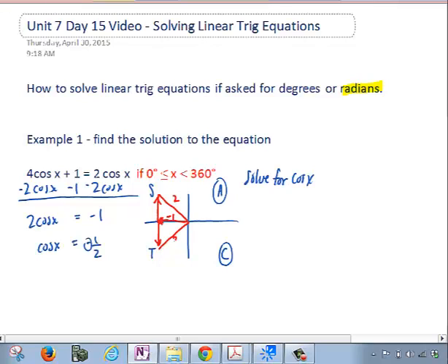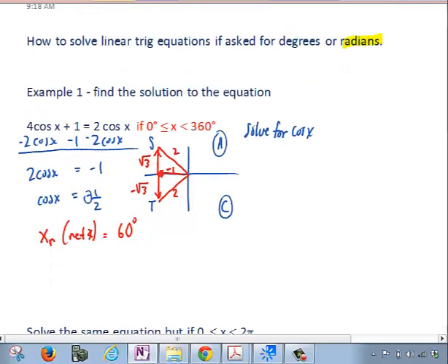The 2 goes on the hypotenuse, and root 3 is negative on this side, and root 3 is positive on this side. So from this layout, we know that our reference angle has got to equal 60 degrees. Now this is if you're working in degrees. So it's got to be 60 degrees, and because of that, we can now figure out what these angles are.